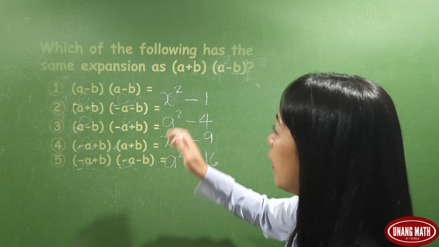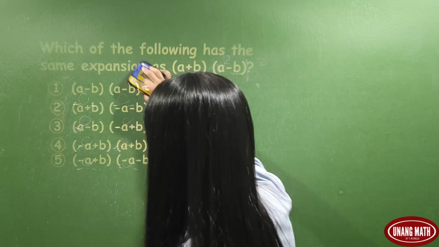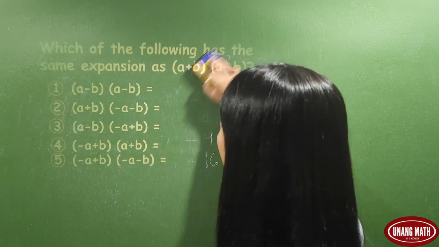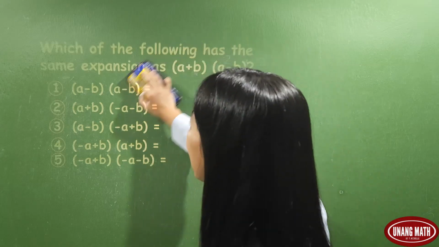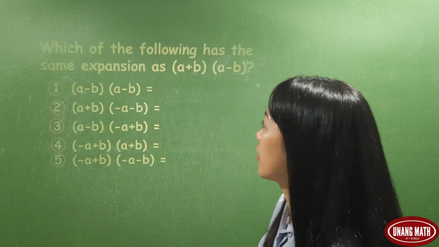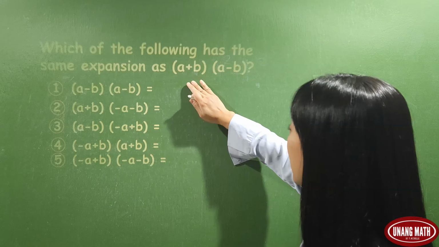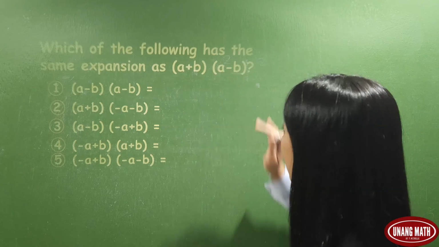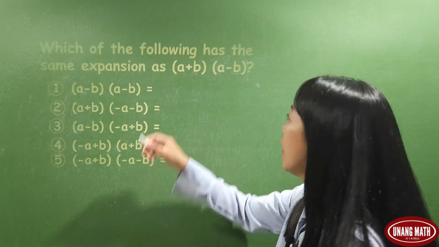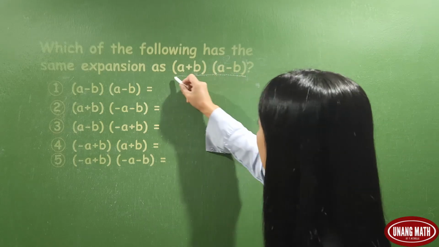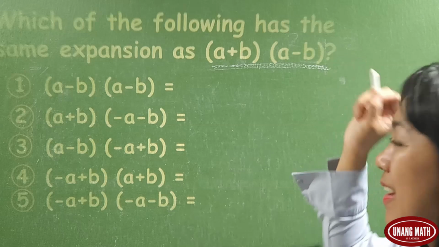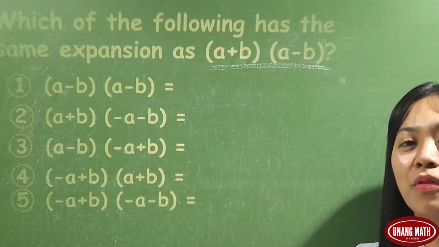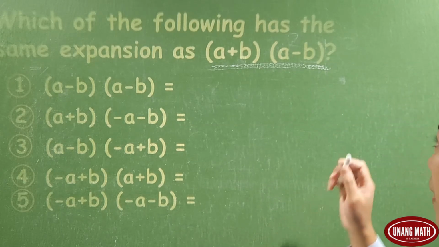Okay, now, we are going to answer this simple problem. Which of the following has the same expansion as a plus b times this expression a minus b? We already know a plus b times a minus b is the basic form of difference of squares.